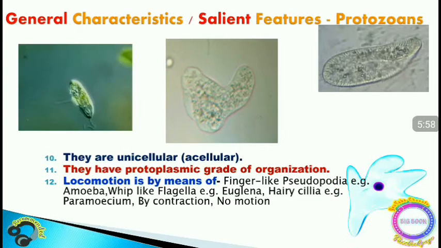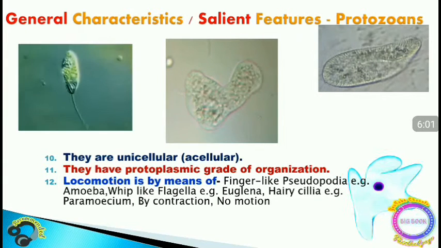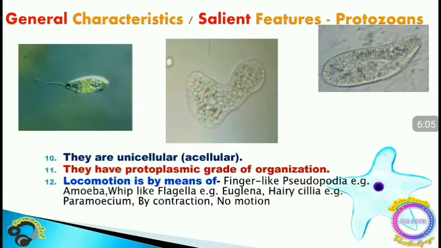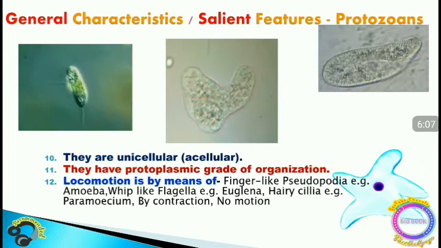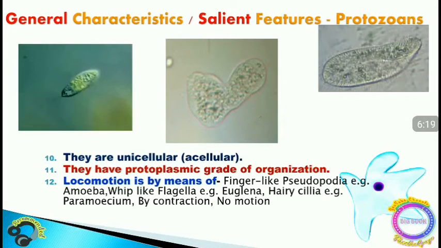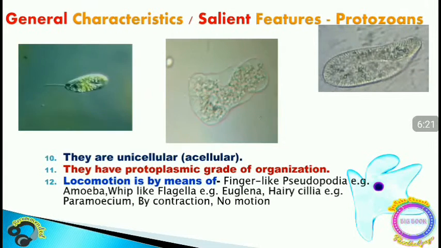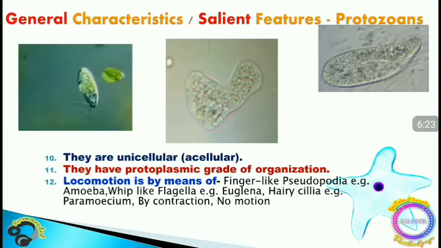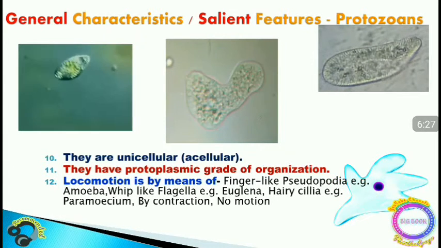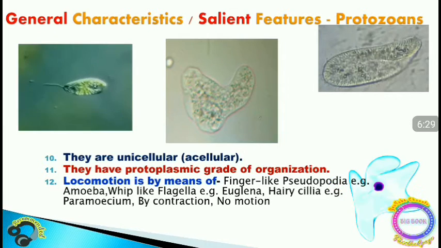These are the unicellular, and certain times they are called acellular. Acellular in the sense they are not bounded with a membrane. But the majority of protozoans are found to be unicellular with their membrane.